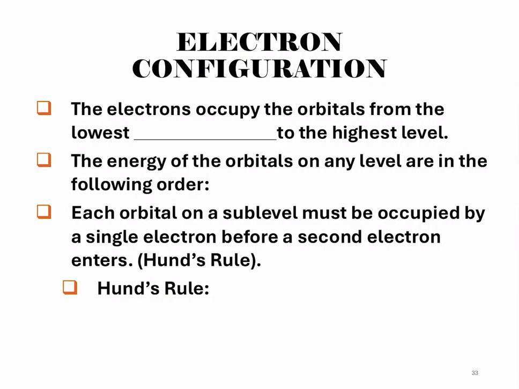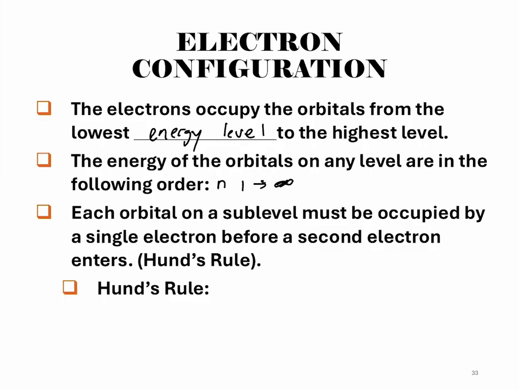So how do we fill these things up? The electrons occupy energy levels from the lowest to the highest, meaning as we're filling up our atoms, we start with the lowest, the principal energy level n equals 1, and then you fill up the sublevels accordingly. The principal level n goes from 1 to infinity.